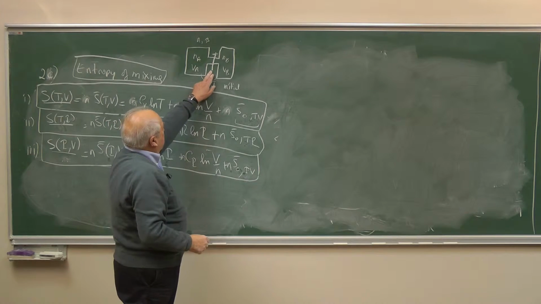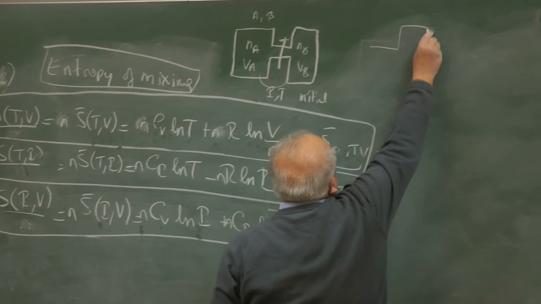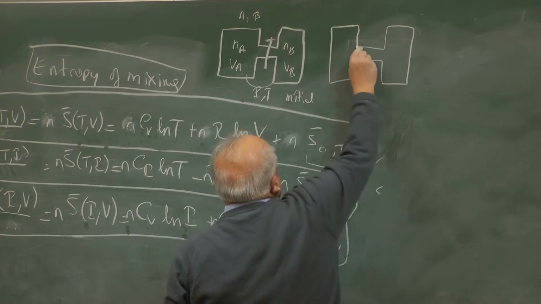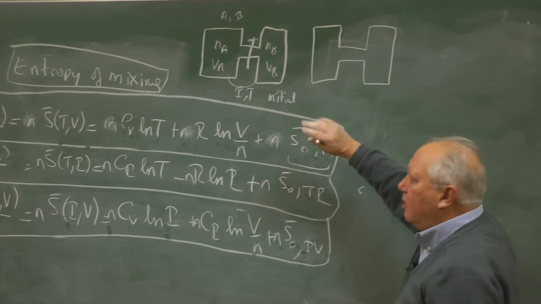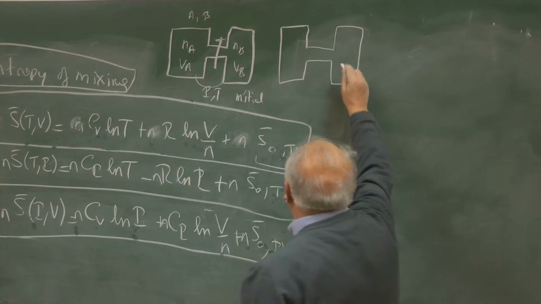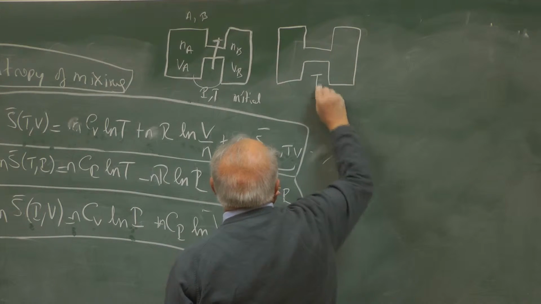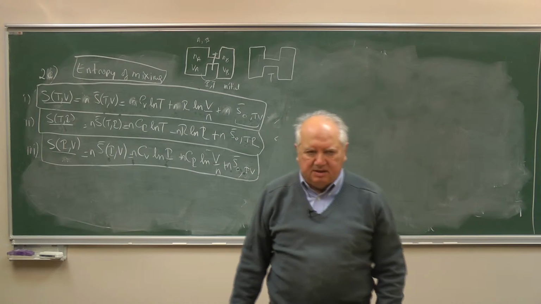Now we open the valve. Both gases are occupying the total volume, and temperature is again T, because it's the free expansion of an ideal gas, and we discussed this.